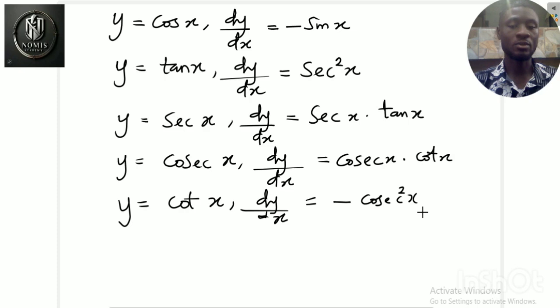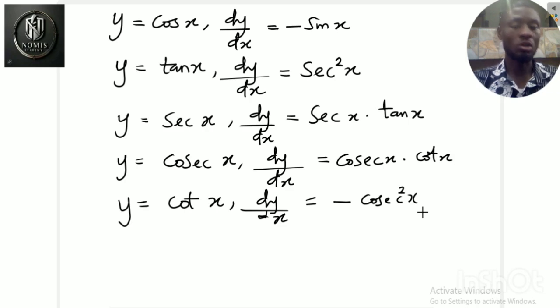Relate them together. When you differentiate tan x, you have sec squared x, and if you differentiate just sec x, you will have sec x multiplied by tan x. You need to keep this in mind too. You can see the first one is related to the second, and the third is related to the fourth. That will help you to keep them in your memory.